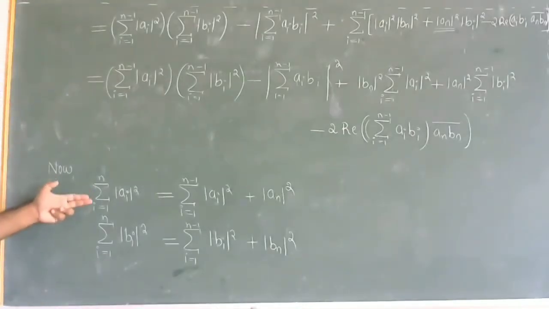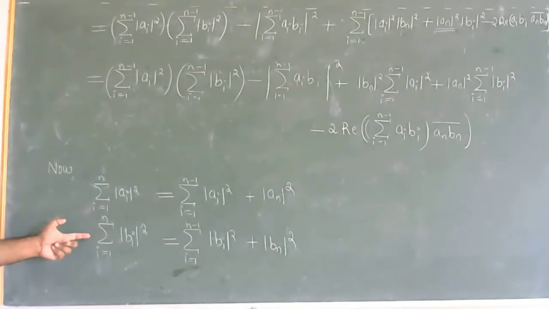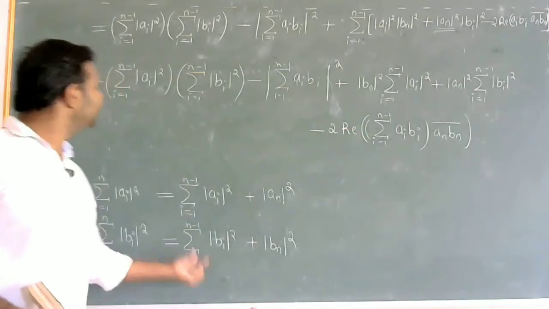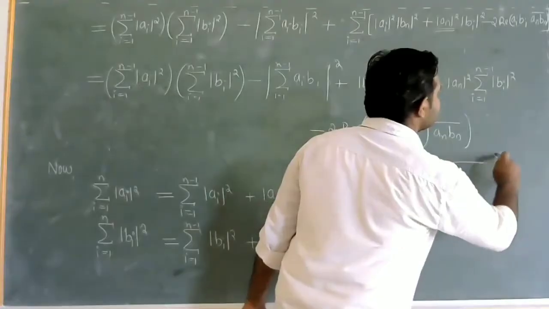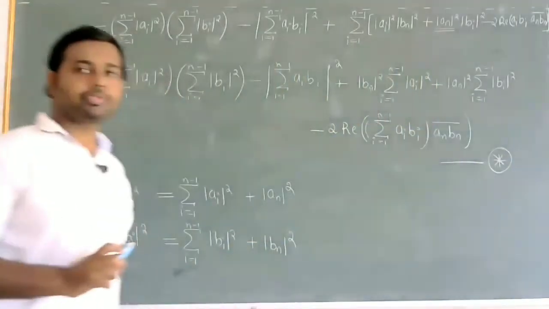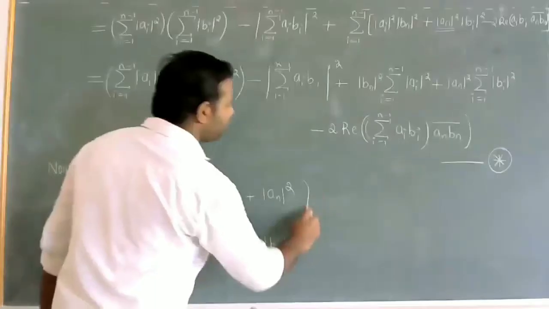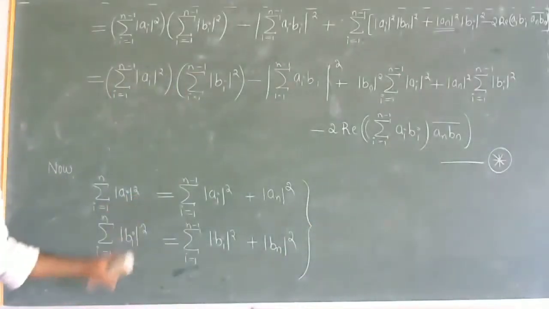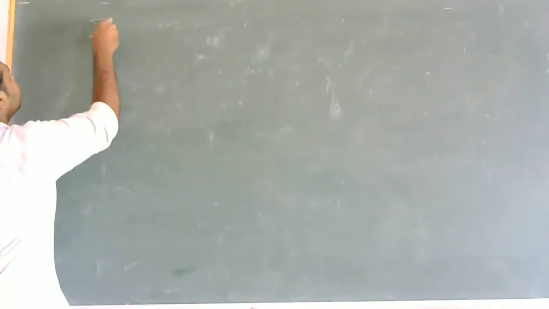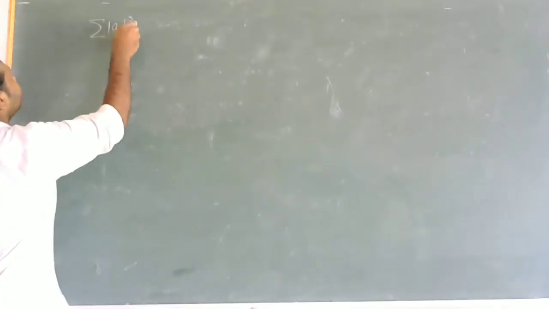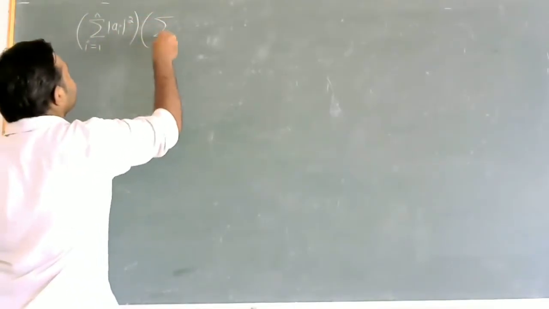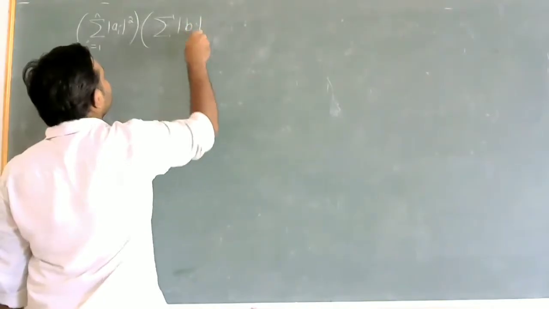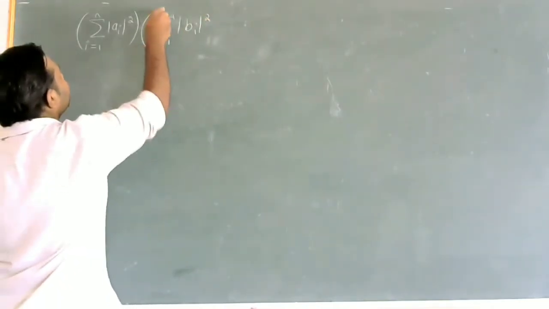Now, actually, I have to get the product of these two terms in the right hand side. So take the product of these two equations, which will be in terms of n minus 1. So we can make some substitutions in this equation. So call this equation star. Now we have to multiply these two equations. Summation modulus of ai whole square, i running from 1 to n, into summation modulus of bi whole square, i running from 1 to n.